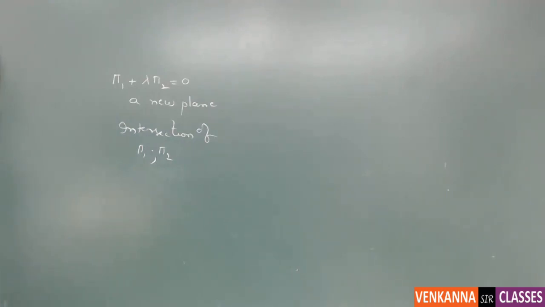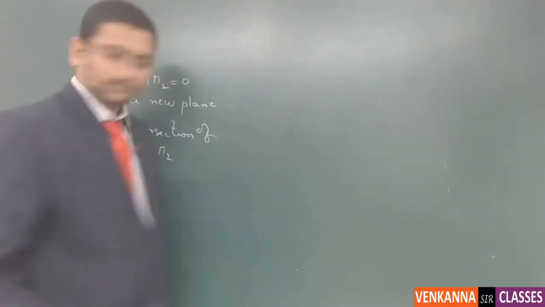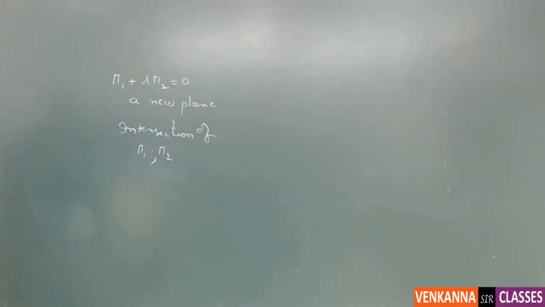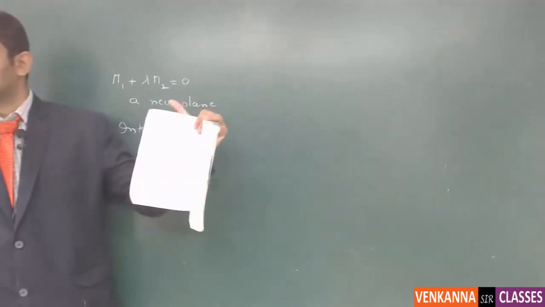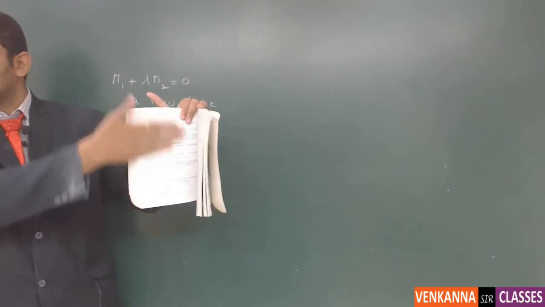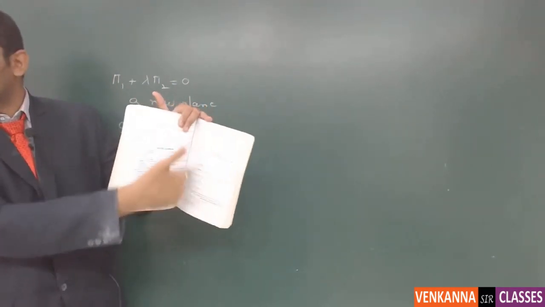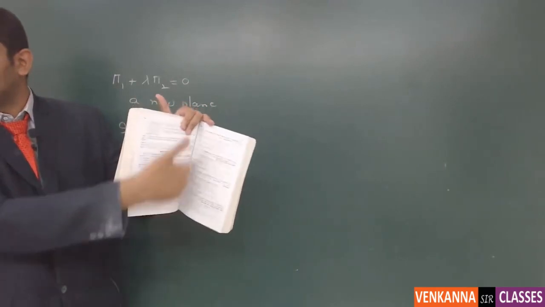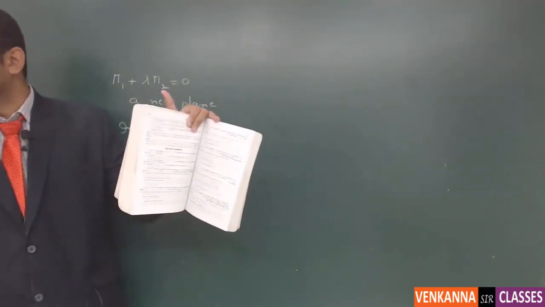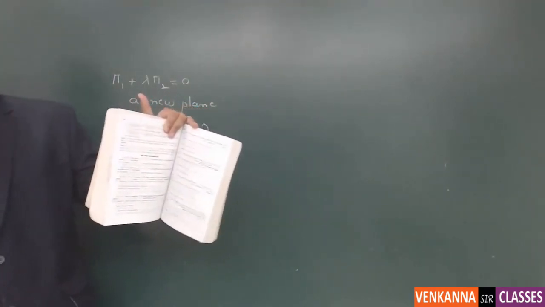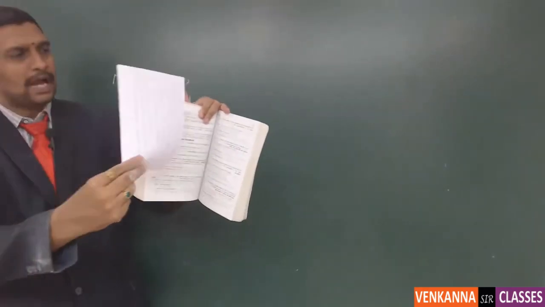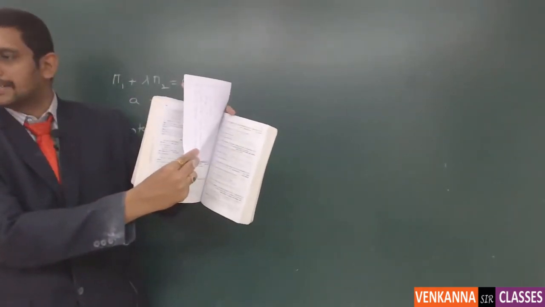So very simple it is. Let us take this book. This is a plane. This is another plane. This corner is nothing but a line. Accepted? Now, this is the new plane I am passing like this.